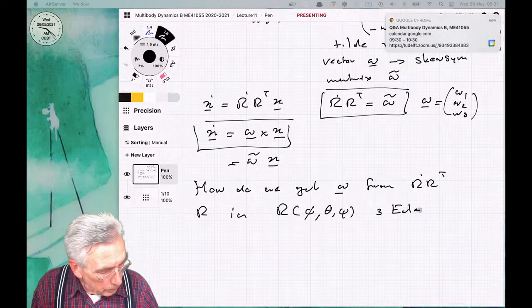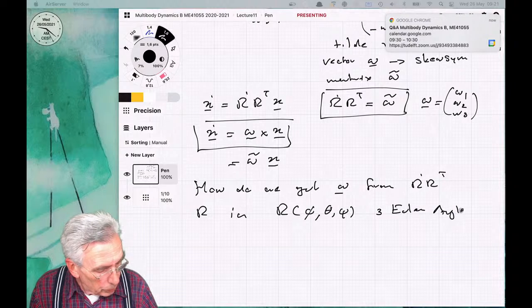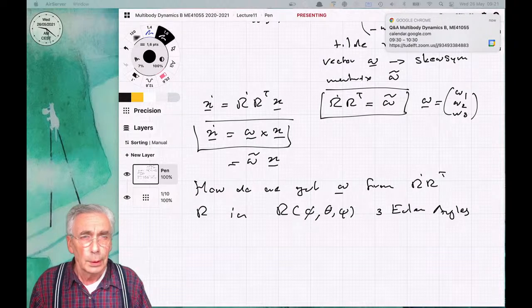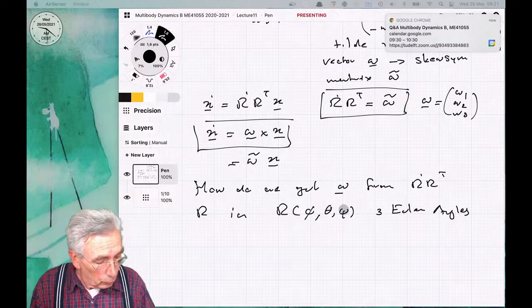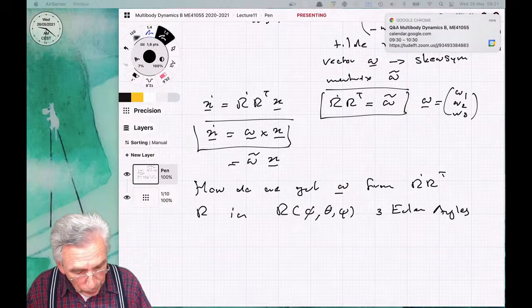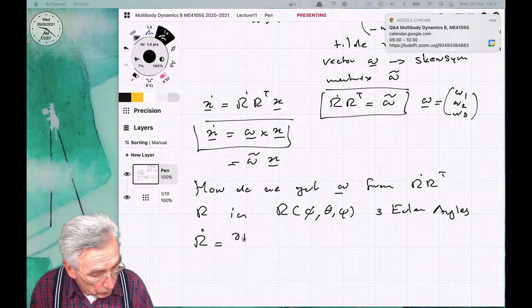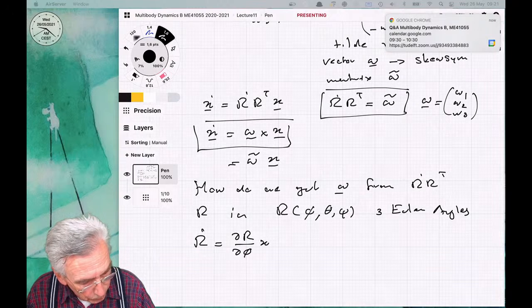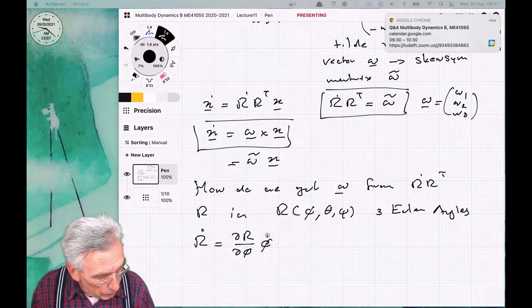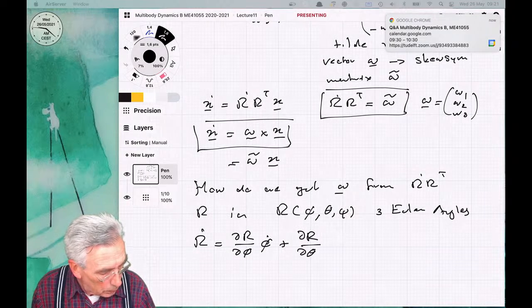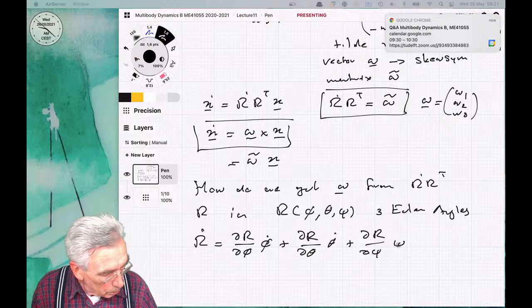So the variables here are 3 Euler angles, and if you differentiate this with respect to time, what do you get? Well, then R dot is by definition dR d phi times phi dot plus all these partial derivatives, dR d theta times theta dot plus dR d psi times psi dot.